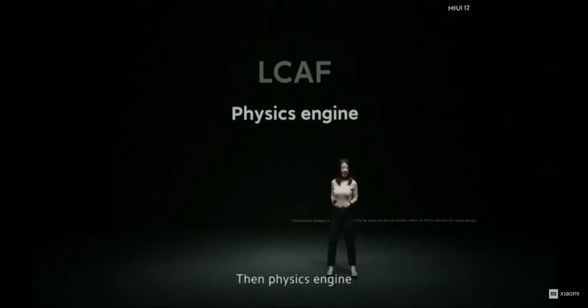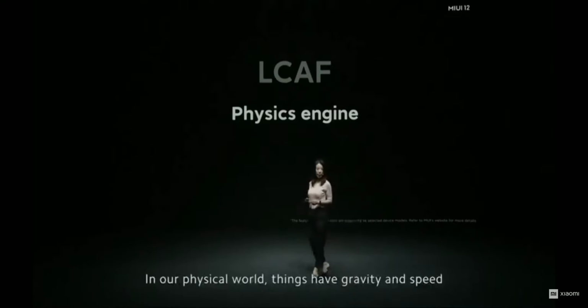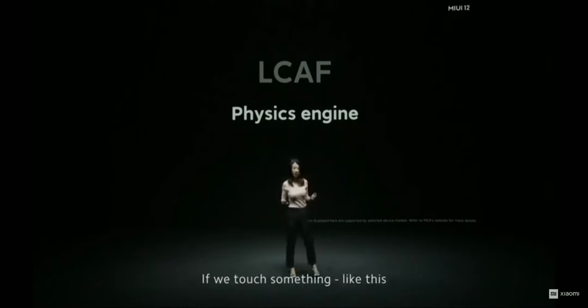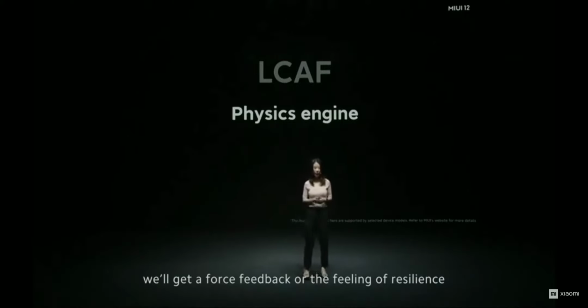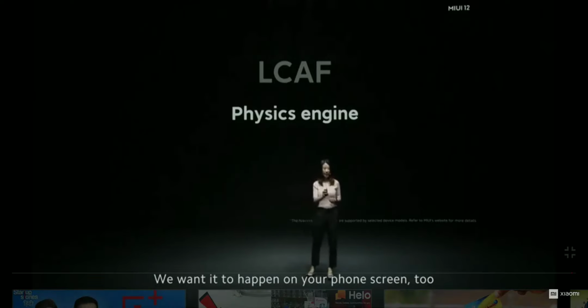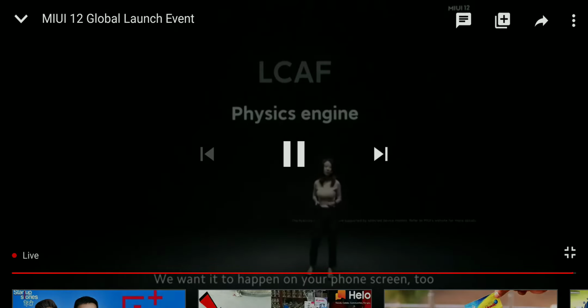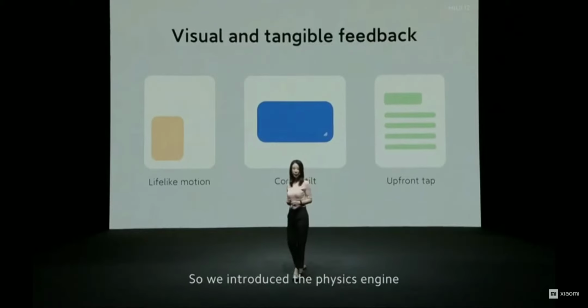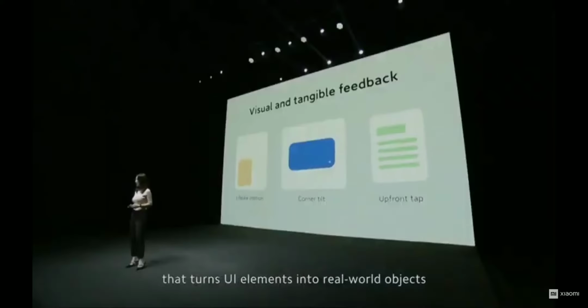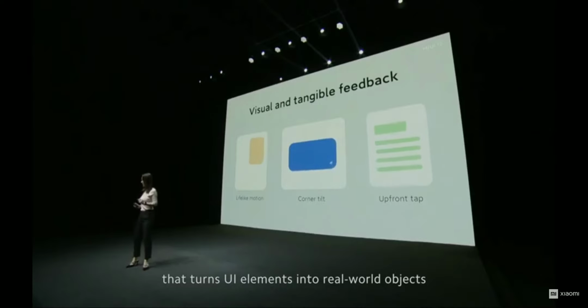Then the physics engine. In our physical world, things have gravity and speed. If we touch something like this, we will get force feedback or the feel of resilience. We want it to happen on your phone screen too. So we introduced a physics engine that turns the UI elements into real-world objects.